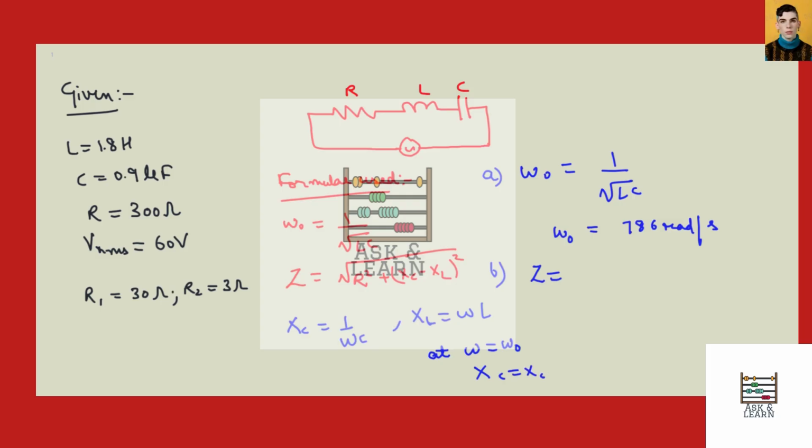Therefore, Z equals R, which is equal to 300 ohm. So at resonance frequency, we have XC equal to XL.